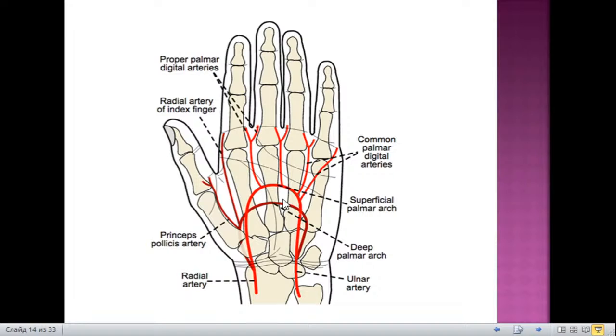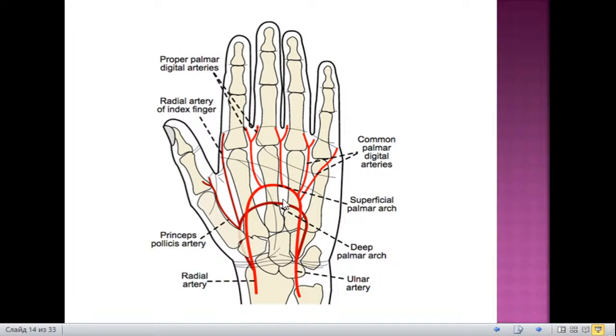So again, a lot of anastomoses. In reality, in addition to the palmar arches, we have carpal arches, but they are not shown in this picture because they are not as important as the palmar ones. The dorsal carpal arch is formed by the carpal branches of the radial and ulnar arteries and the posterior interosseous artery.